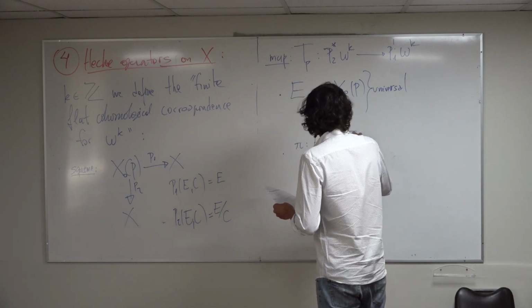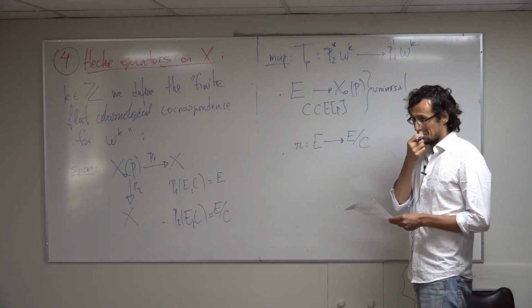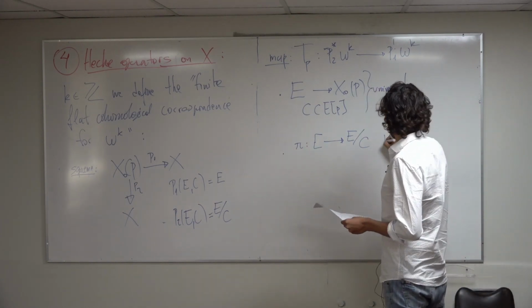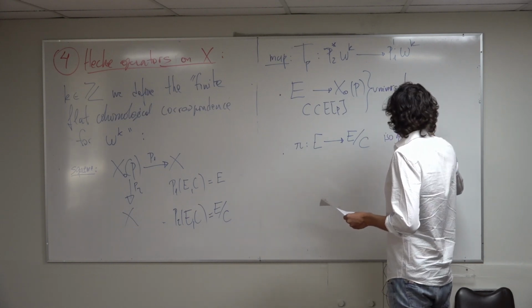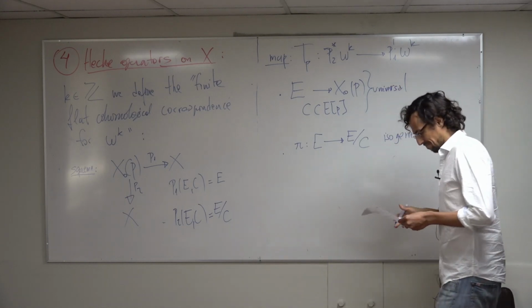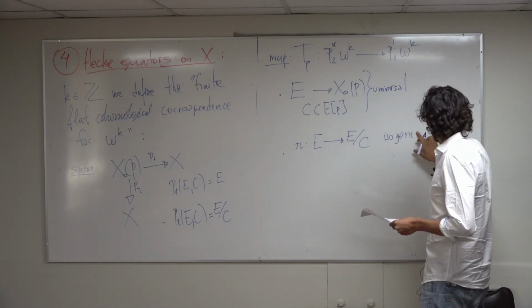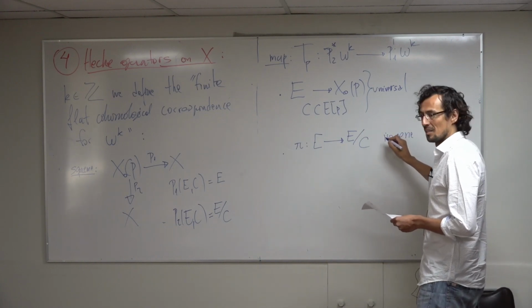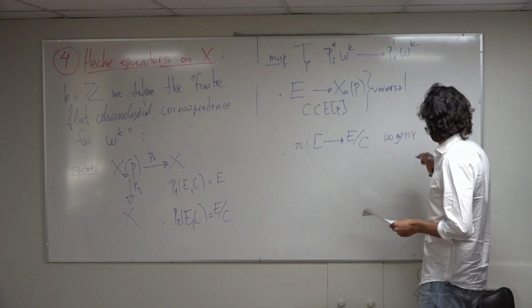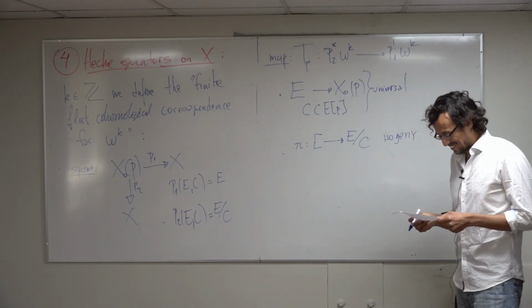You just take the quotient by C, no? That is an isogeny over X. Okay, so you have this isogeny.